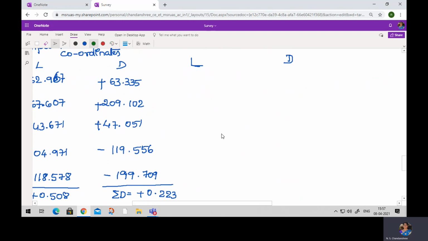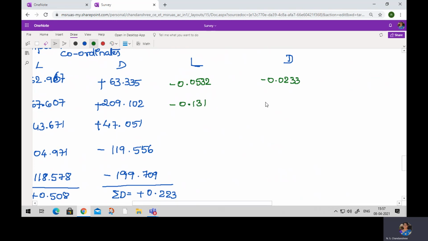I have done only one sample calculation. Similarly, we have to calculate for all the other latitudes and departures. So the correction for line AB is minus 0.0532 for latitude and minus 0.0233 for departure. For the line BC, it is minus 0.131.